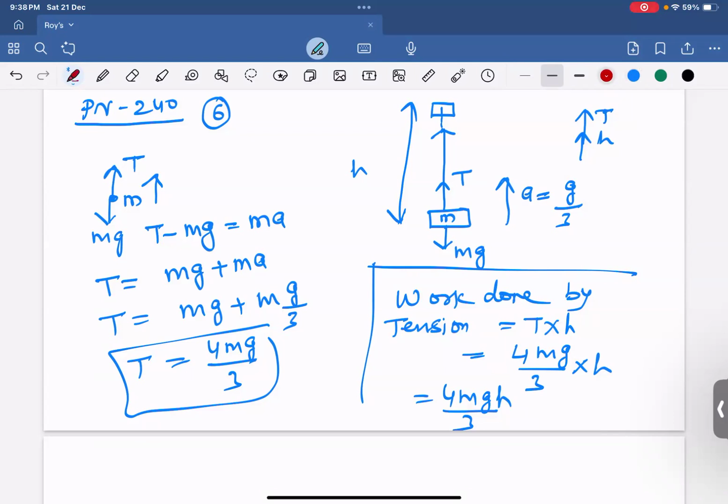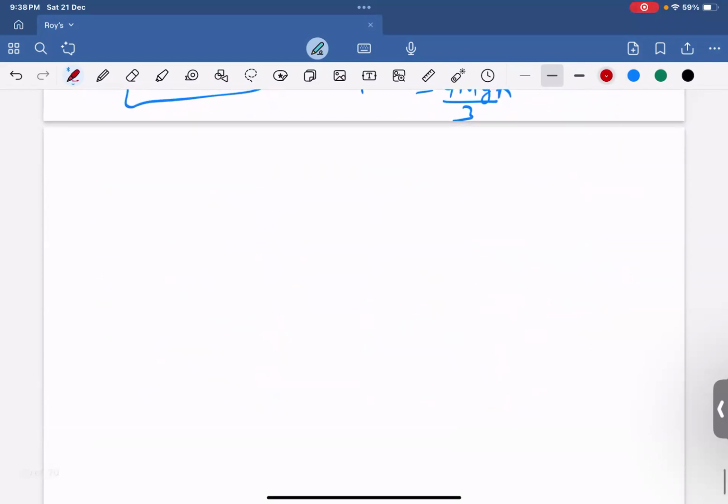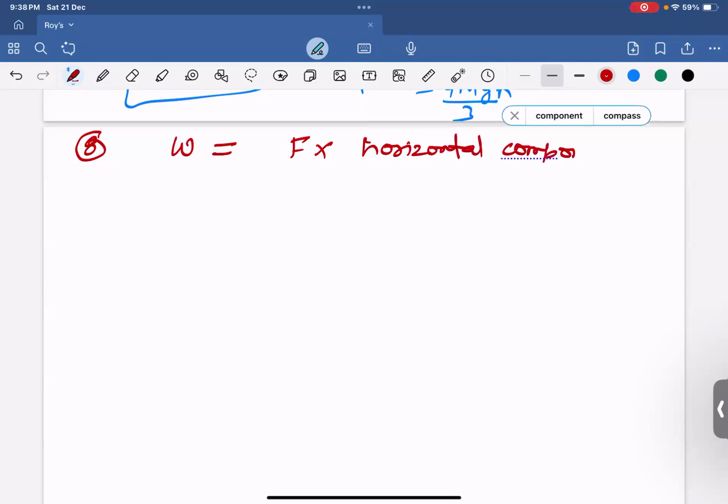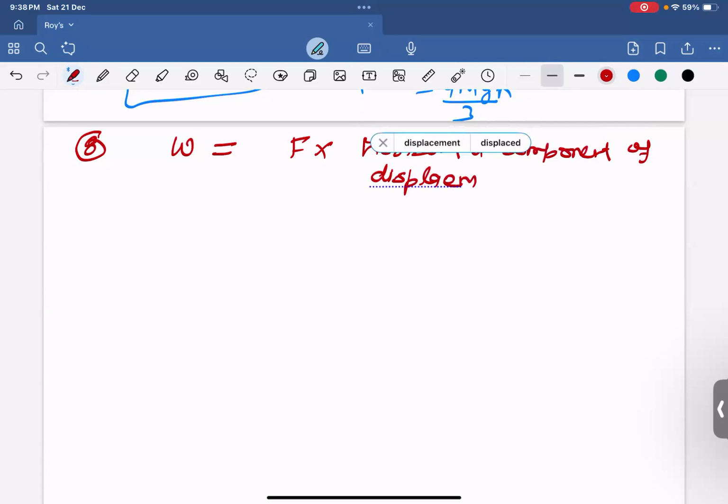We have to find the work done, and the force is horizontal, right? Right. So what displacement will we take? It is going up also, but we'll take only the horizontal component of displacement. Why? Because we always take displacement along the direction of applied force, then only you can find the work done.